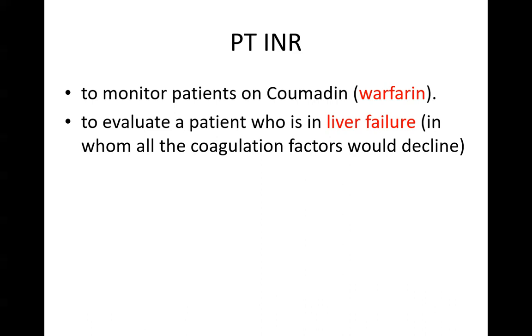So they need to prevent clotting from happening, so they will be put on warfarin. But at what level does this warfarin need to be given so that it is clinically effective? So we will tell them that we need to maintain their INR between 2 to 2.5 or 2.5 to 3. That means this much the INR needs to be raised for the drug to be clinically effective.